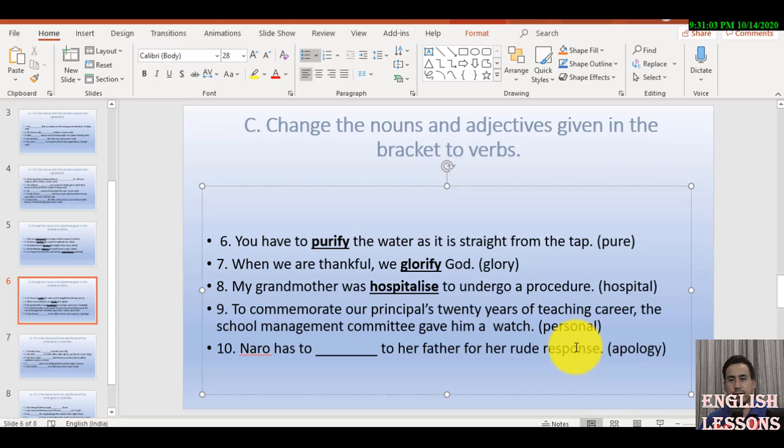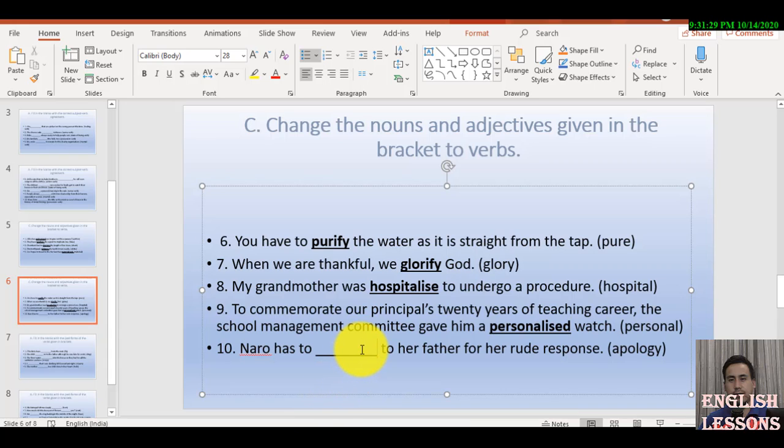In the bracket we can say personal, so the correct answer will be gave him a personalized watch. So here the answer will be personalized, personalized watch.